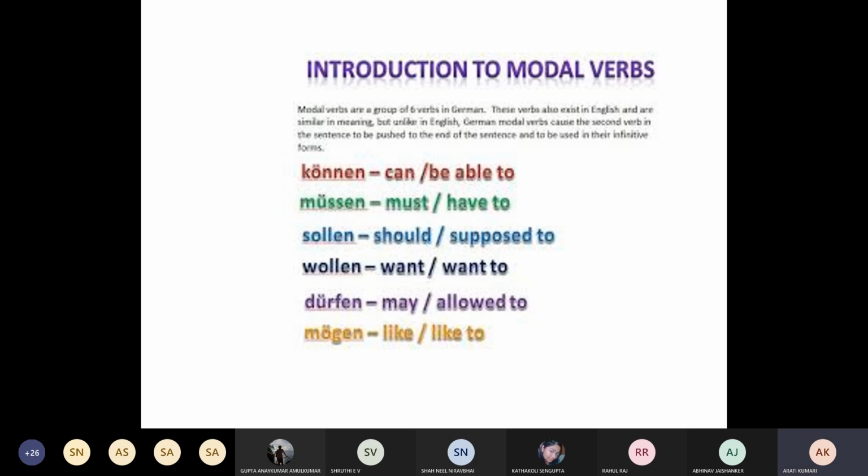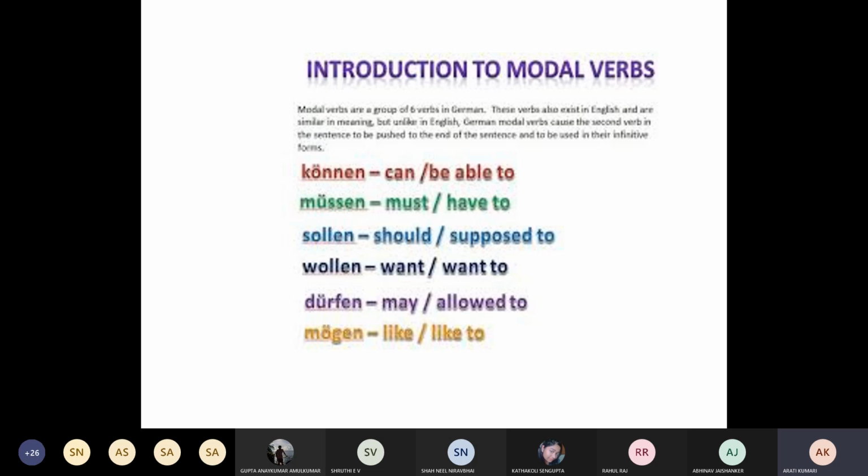I cannot come to the party today. How do we say that? Ich kann heute nicht zur Party kommen. So can.